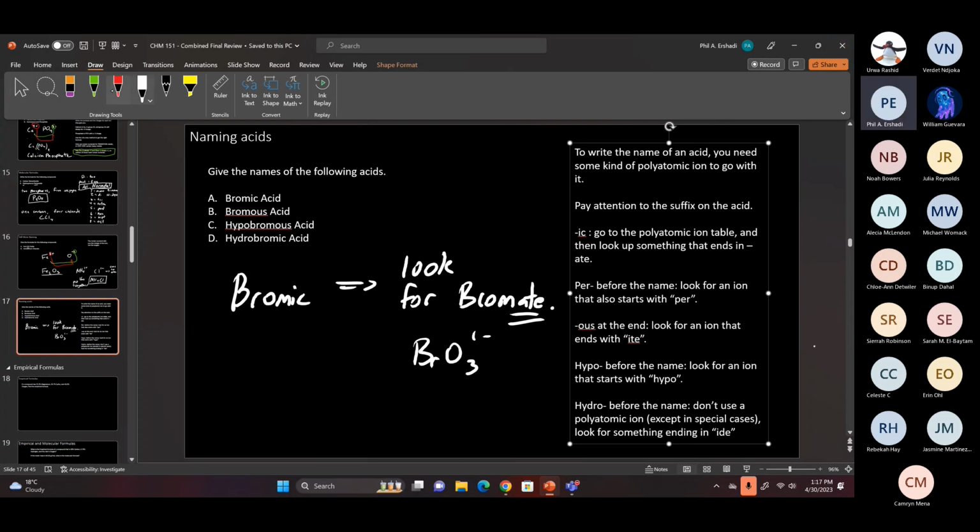Now, I just want to make sure everyone had the guidelines for how to name those acids. So look for per, look for ous, look for hypo, look for hydro. And of course, ic is the one that comes up the most.